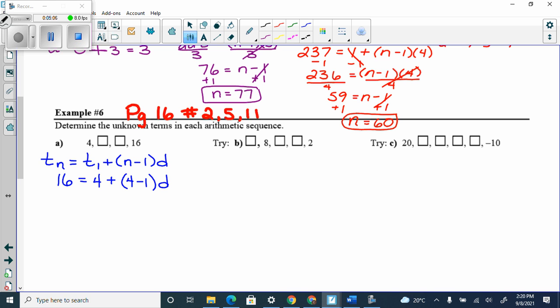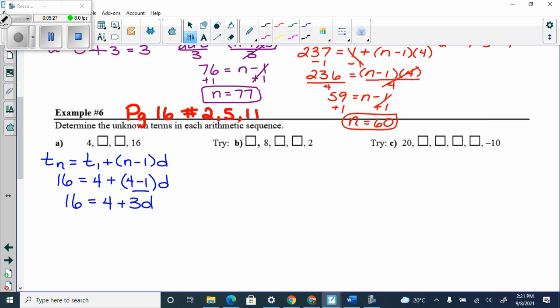What must we do first? The bracket, right? What's 4 minus 1? 3. So we're going to have 16 equals 4 plus 3D.